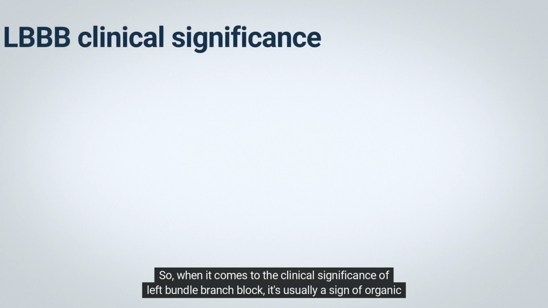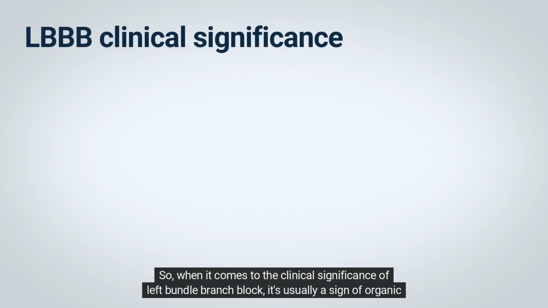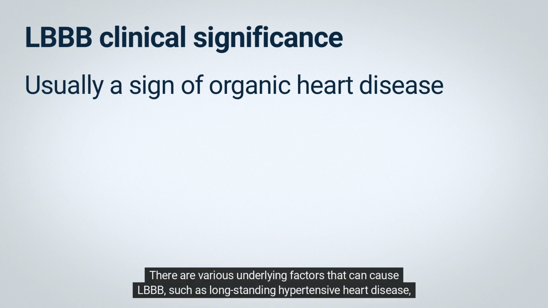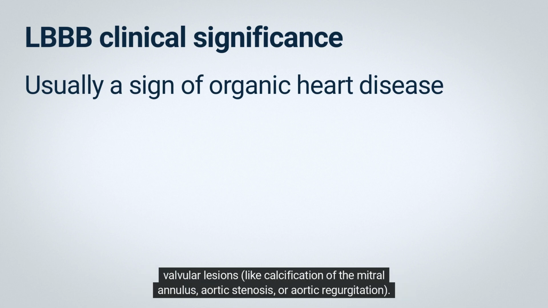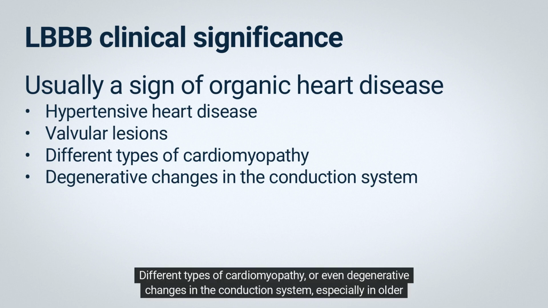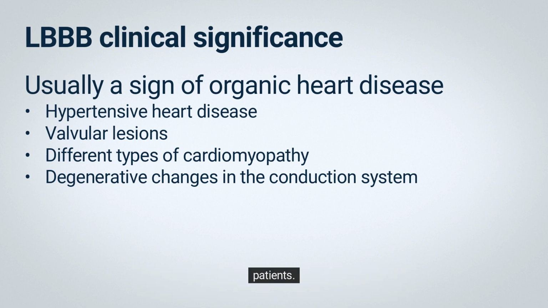So when it comes to the clinical significance of left bundle branch block, it's usually a sign of organic heart disease, unlike right bundle branch block, which can sometimes occur without evident cardiac disease. There are various underlying factors that can cause LBBB, such as long-standing hypertensive heart disease, valvular lesions, like calcification of the mitral annulus, aortic stenosis, or aortic regurgitation, different types of cardiomyopathy, or even degenerative changes in the conduction system, especially in older patients.